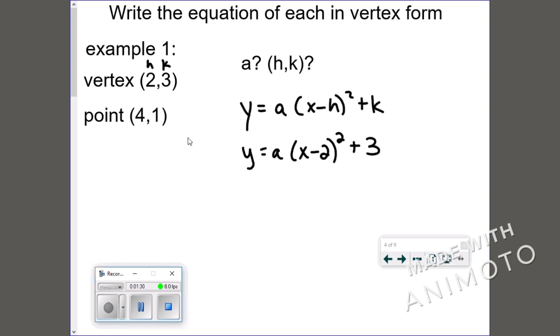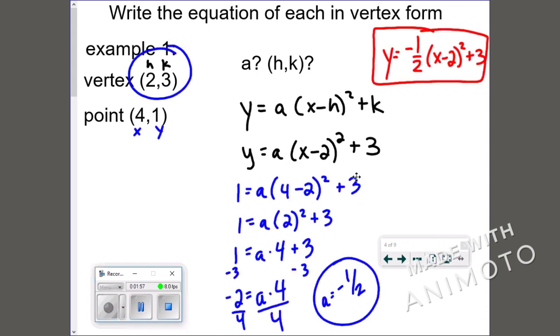When a graph crosses through a point, it means that point is a solution to the equation, meaning that it makes that equation true. So we need to use this point, plug it in for x and y, just for right now, to find that a value. Then once we find the a value, we can write our equation and x and y go back to x and y. So let's work through this example.